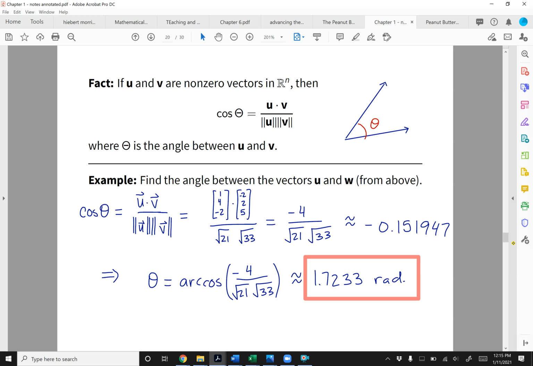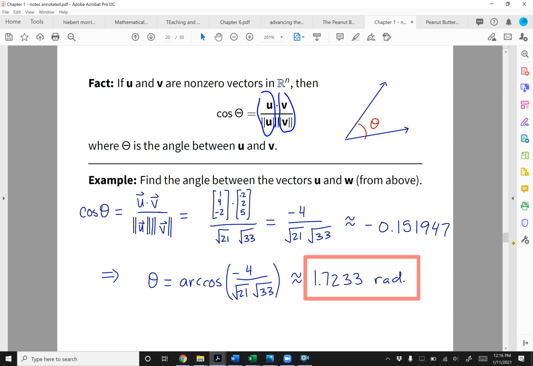And the connection is if you have two unit vectors, meaning they have the length of 1, then the dot product of those unit vectors is the cosine of the angle between them. And so you can easily find the cosine of the angle, then you can take the arc cosine to find out what that angle actually is. So this is extremely powerful.